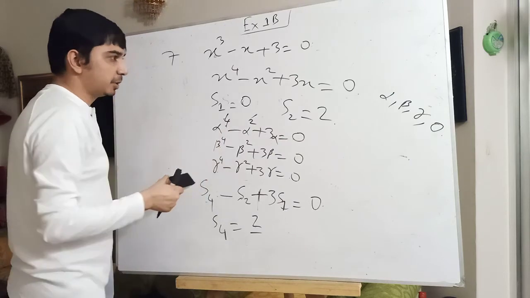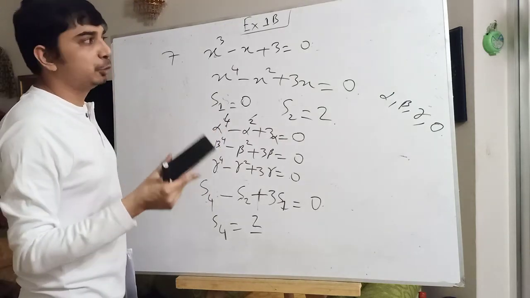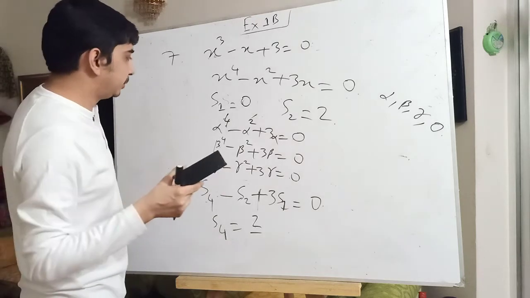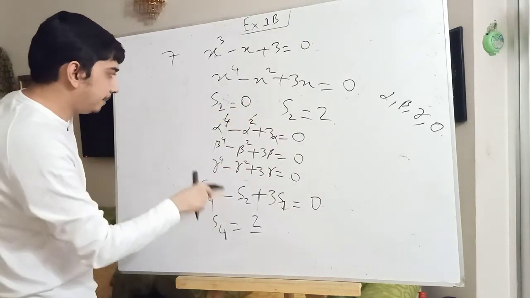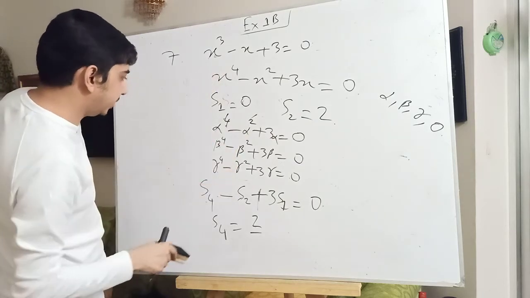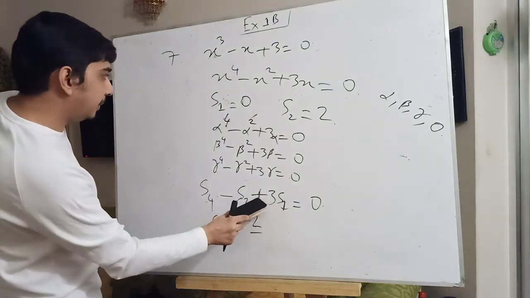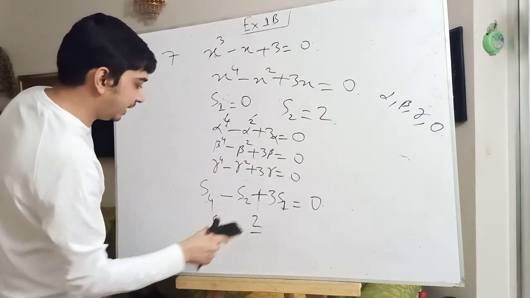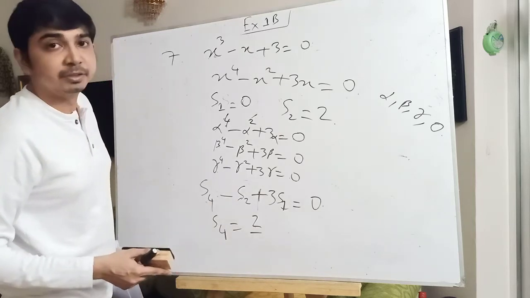We have to find S4, that is alpha to the power 4 plus beta to the power 4 plus gamma to the power 4. If we insert the roots and add the three equations, you have S4 minus S2 plus 3S1. S2 and S1 we already know, so we find the value of S4 in this way.